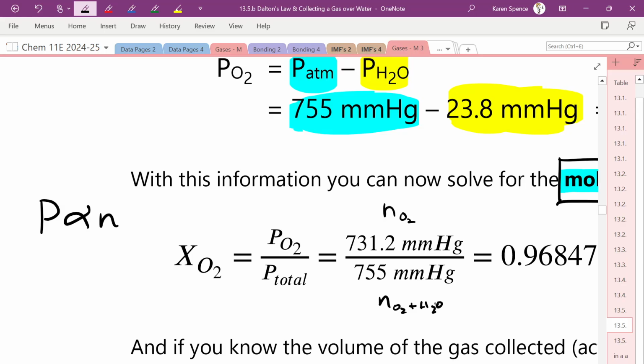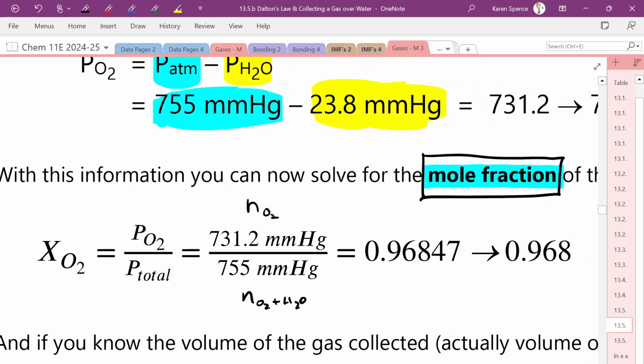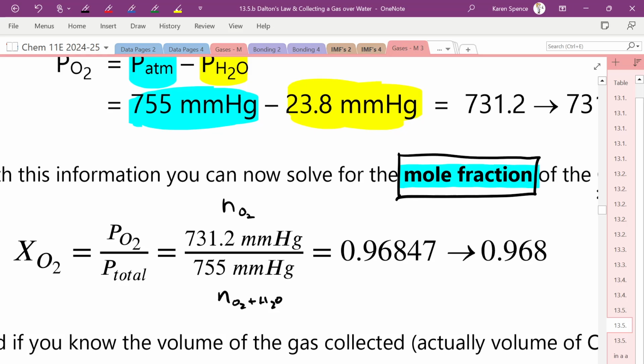Does that make sense? Okay, cool. So we solve that and we get 0.968. So now we know that O2 is 96.8% of the total gas.